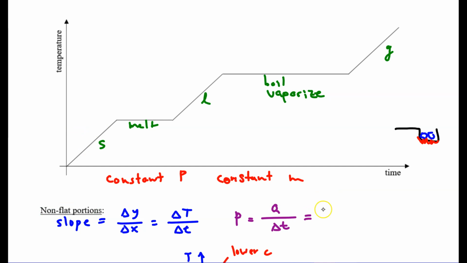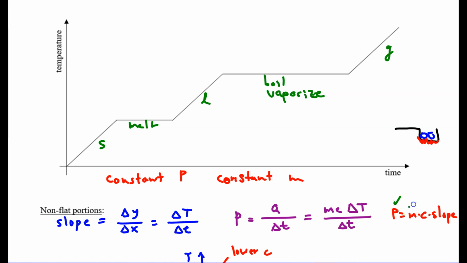So this equation now becomes mc, change in temperature, divided by the time that passed. Wait a second, that's the slope. So now we could write down power is mass times c times slope.